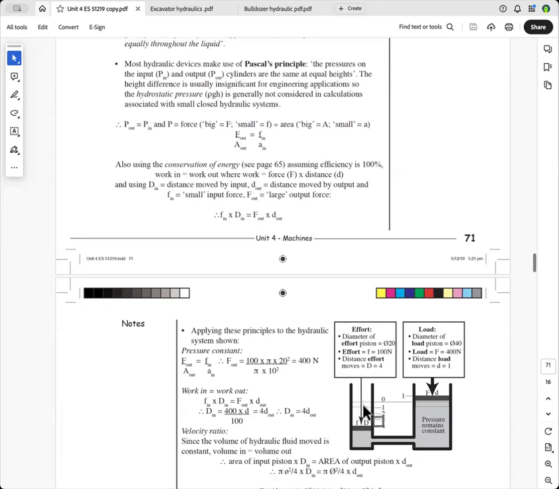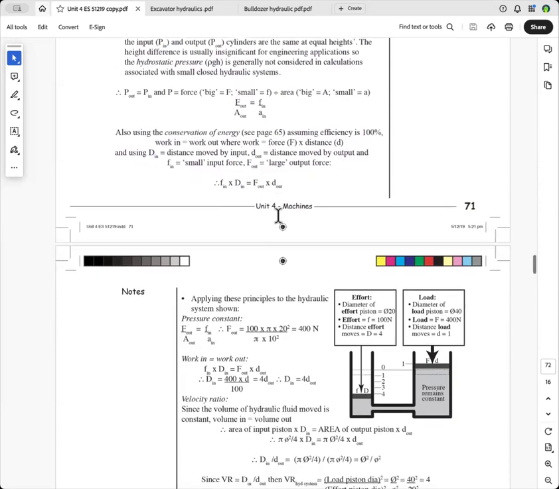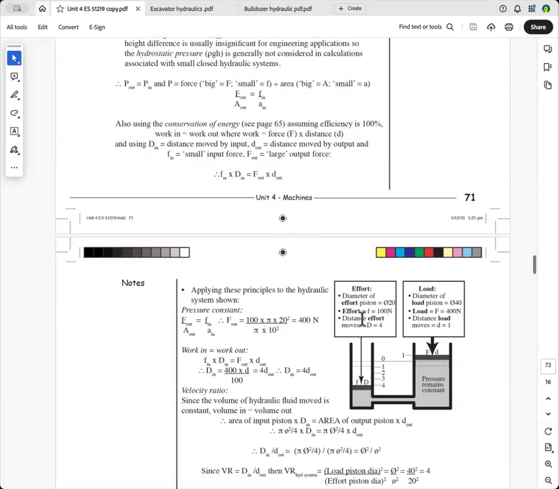You move the input force 4 times the distance of the output force. And so this is the input side, and that's the output side. So you have a big F out and a small distance out. So let's apply that to this hydraulic system here.